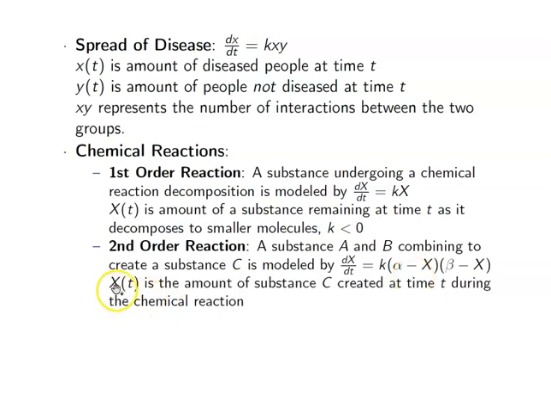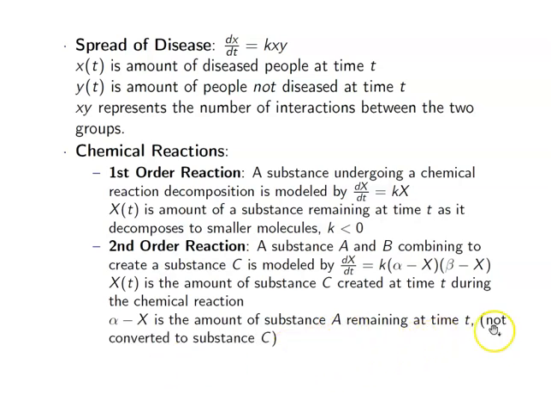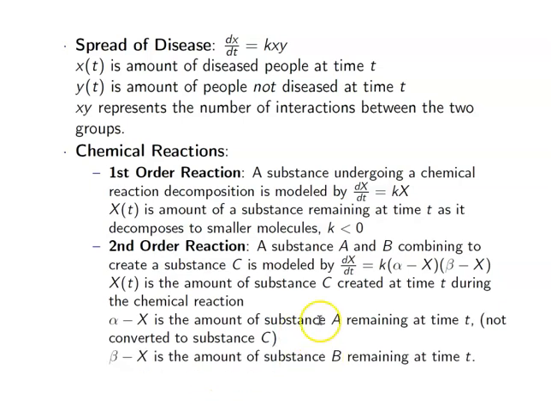Okay, so x of t is the amount of substance C. So this x here is the amount of the substance that is created at t during the chemical reaction. Alpha minus x is the amount of substance A that is remaining at time t, so it has not converted into C yet.